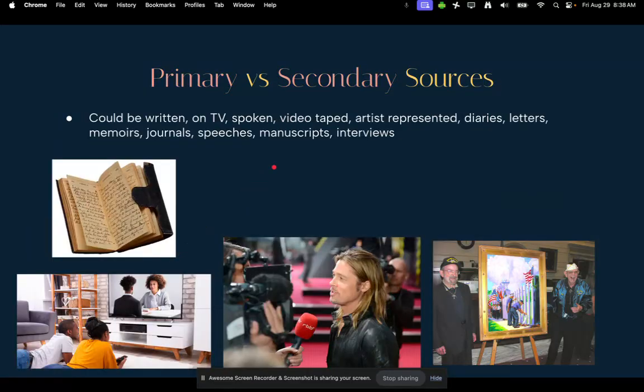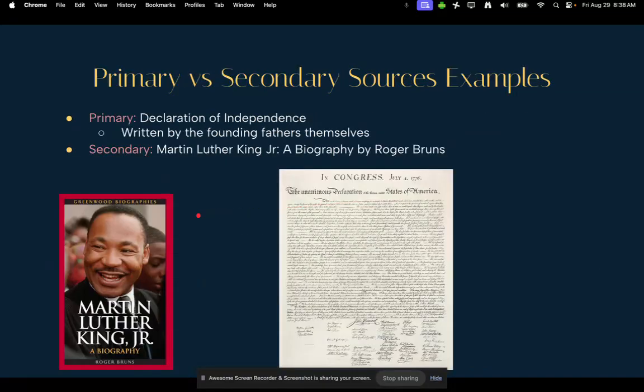All right, so primary and secondary sources, they could be written, they could be on TV, they can be spoken, videotaped, they could be artist represented, diaries, letters, memoirs, journals, speeches, manuscripts, interviews. They could all be primary and secondary sources. It doesn't just have to be written sources.